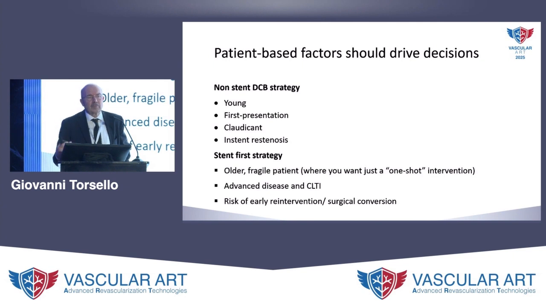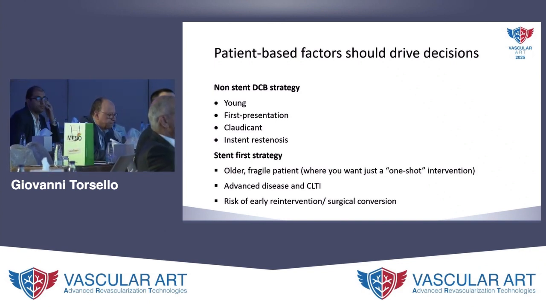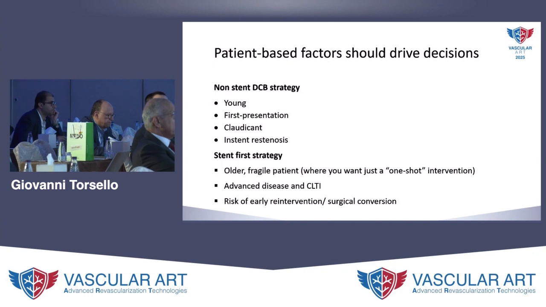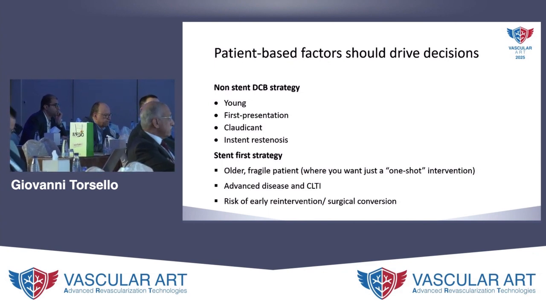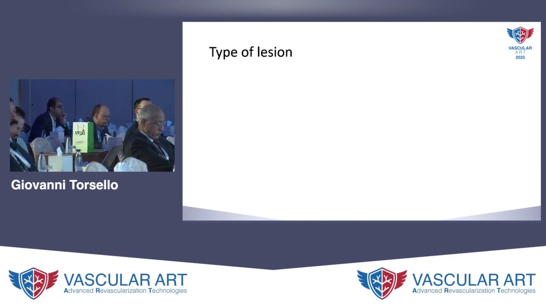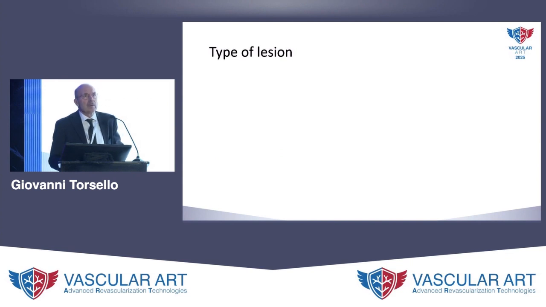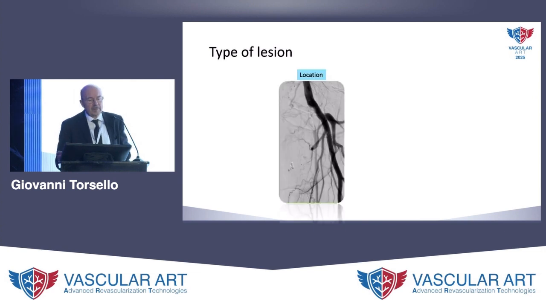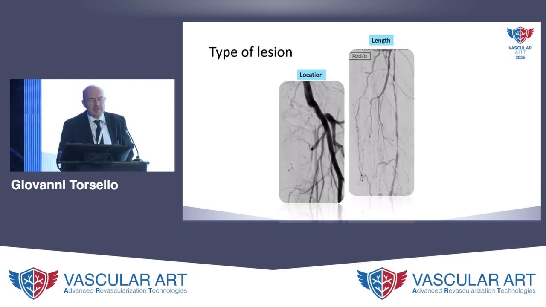But if I have to treat a patient with a CLTI, and this patient is old and is frail, well, I would like to perform a one-shot intervention, make the best so that the patient can go home and enjoy the rest of his life, which is very often very limited, as we learned yesterday by Dr. Peltrunas.